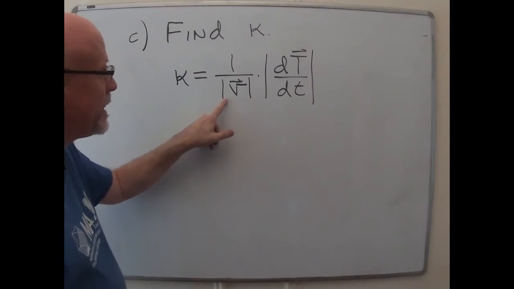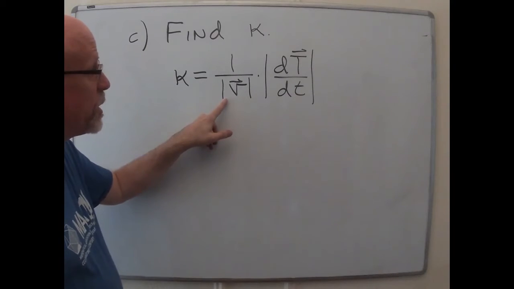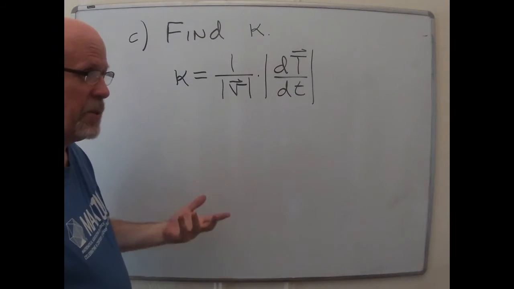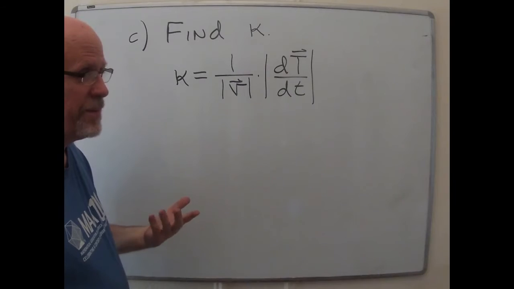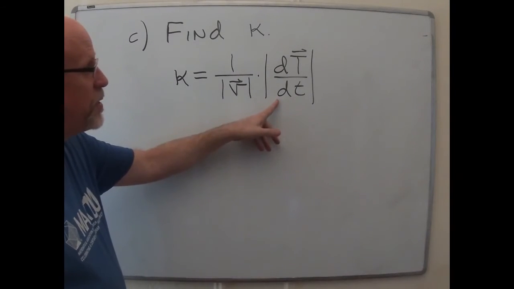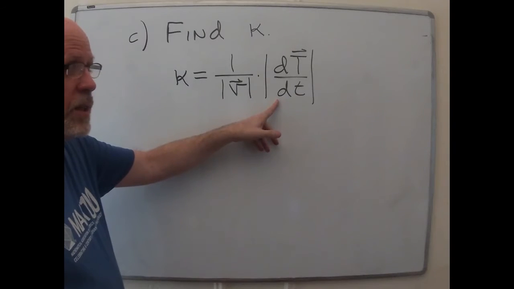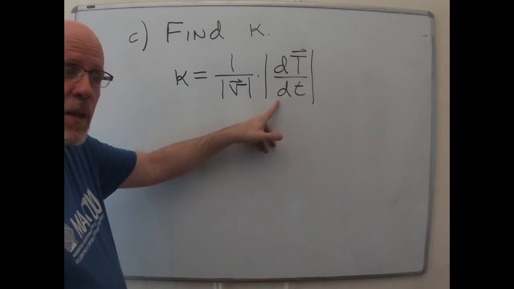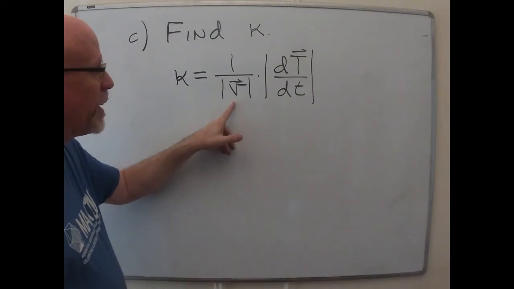And the speed enters into it because this rate of change may seem large if you're on a parameterization that is going through the point of interest really quickly. Well, this accounts for that.